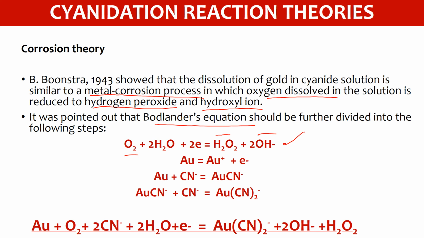And then here you've got your gold being oxidized, releasing an electron, and your gold being dissolved by cyanide to form this AuCN complex. Then the AuCN further reacts with another CN minus anion to form Au(CN)2 minus, and this will be the overall reaction for the corrosion theory that has been proposed by a researcher called Boonstra.